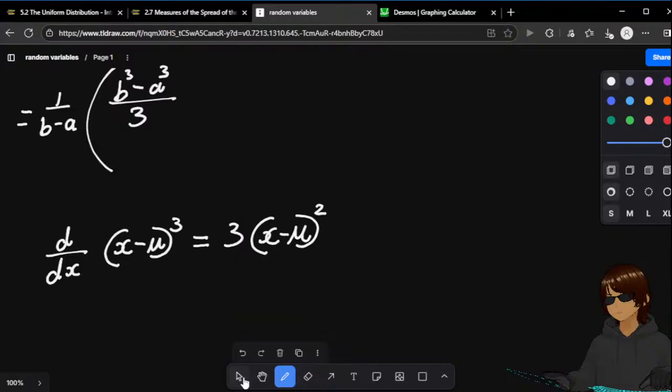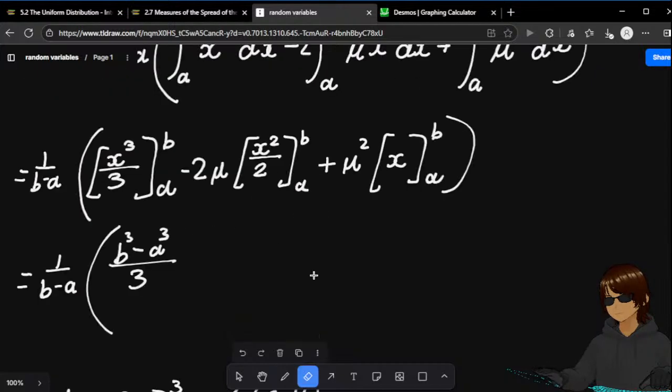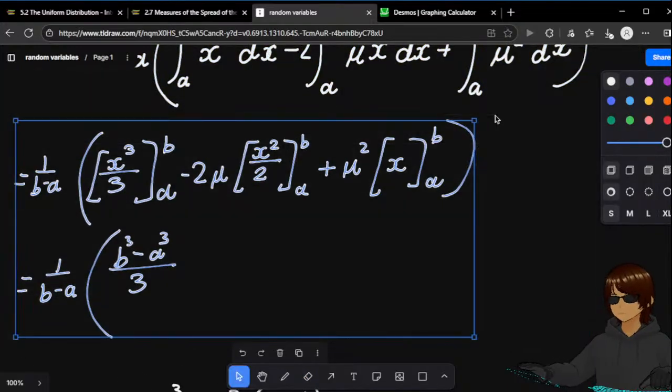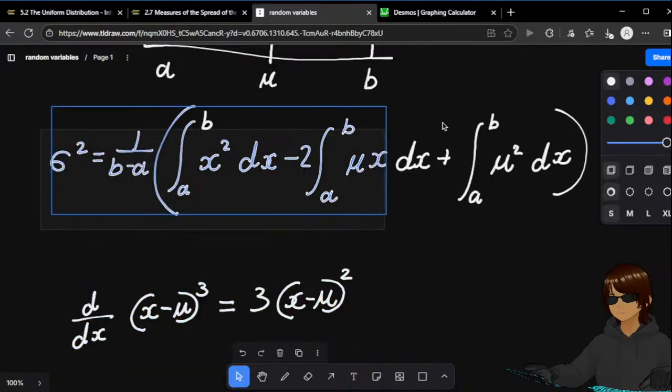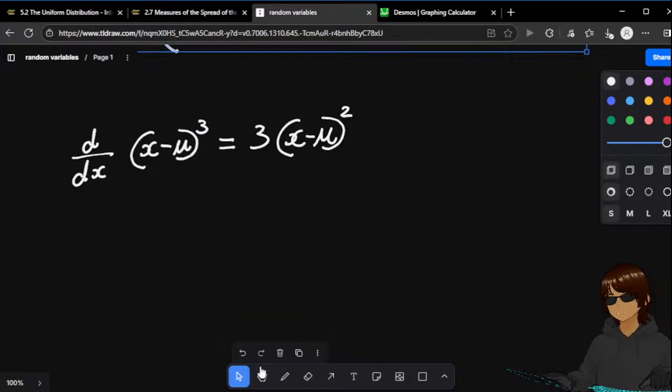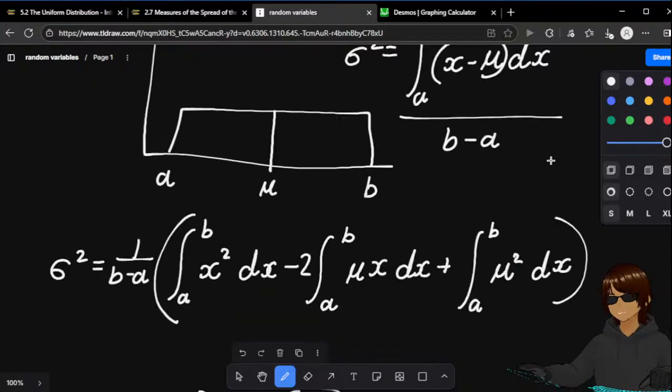Does this make things easier? Okay, let's try. b minus a, evaluating the integral, mu over 3.